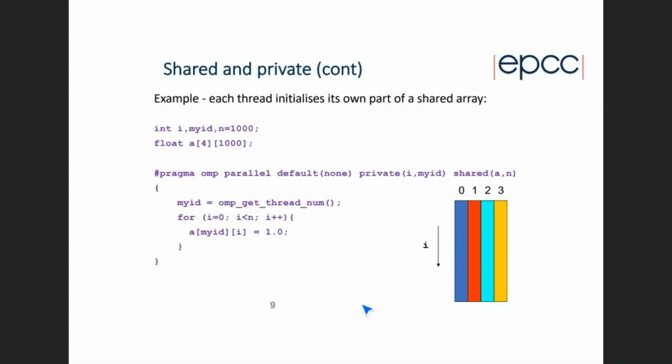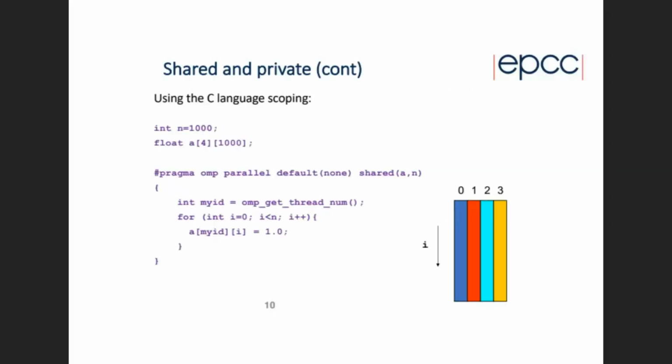That's a kind of weird looking coding style, and in practice it would be much more natural to use the C language scoping rules to deal with our private variables here. A better coding style would be to declare myid and i inside the parallel region, and that automatically makes those private.